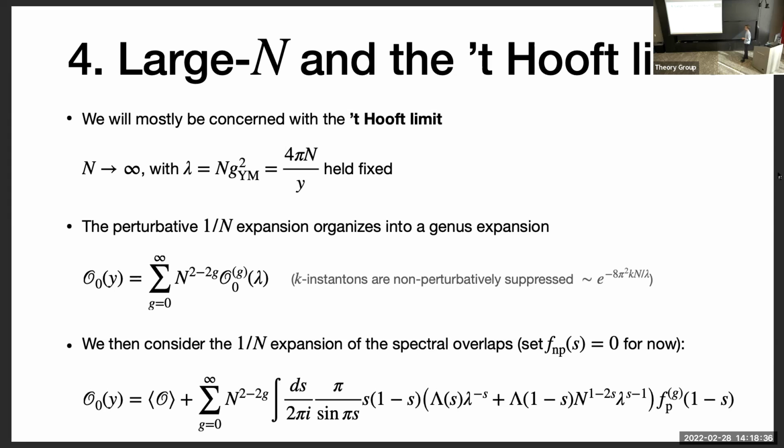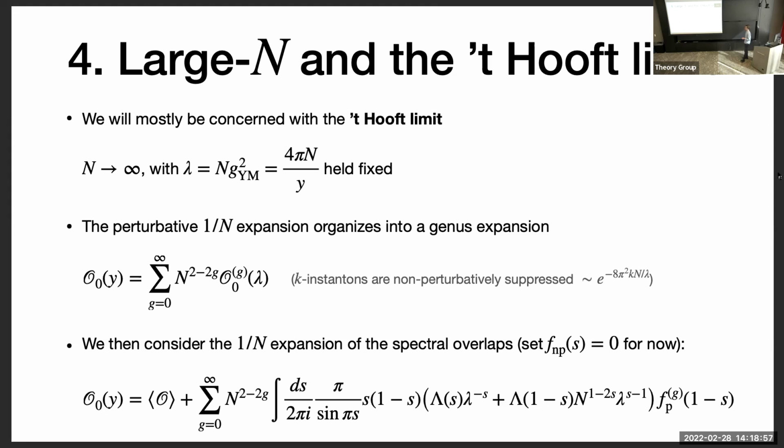Now FP has a genus expansion. And you play the same game. To develop, say, weak coupling perturbation theory at small lambda, you deform the contour and ask what is consistent. And that will lead to even stronger constraints on this overlap FP, it turns out. So, you can see it from here.